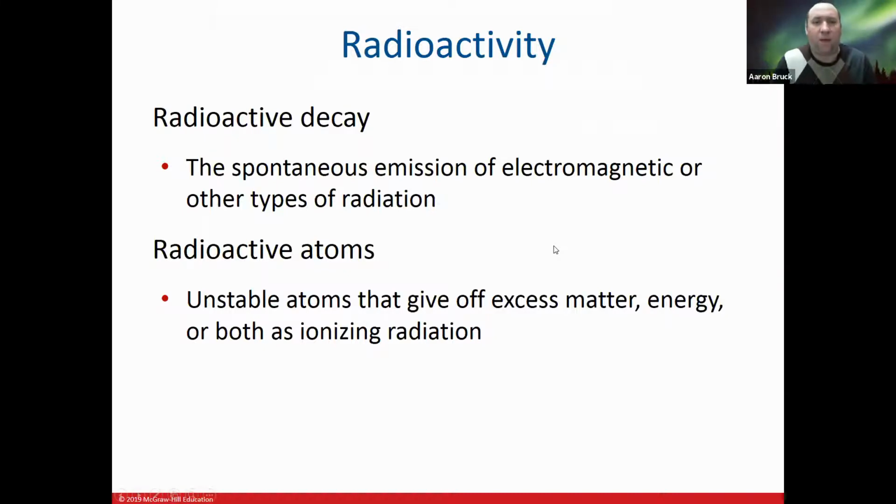Now, radioactive decay overall is the spontaneous emission of this type of radiation, either the electromagnetic or the particulate, or in some cases both. The things that do the radioactive decay are radioactive atoms. These are unstable atoms that will give off this excess energy, this excess matter, or both in the form of ionizing radiation.